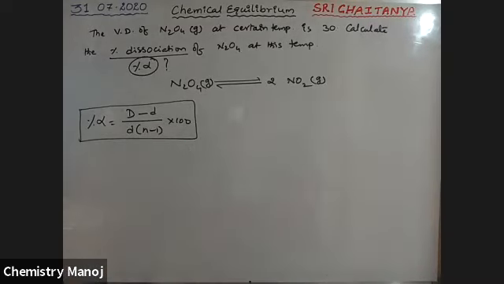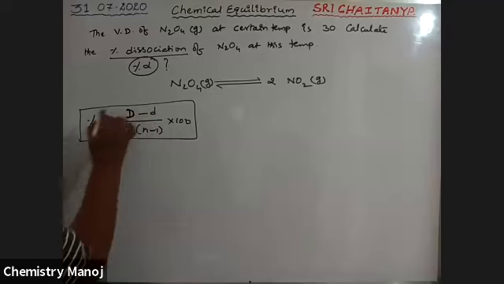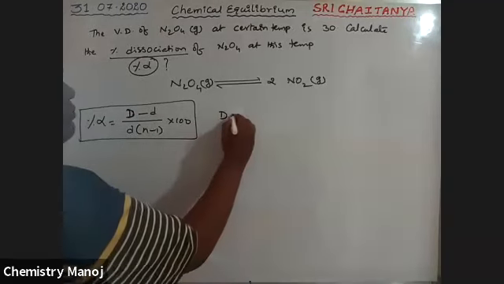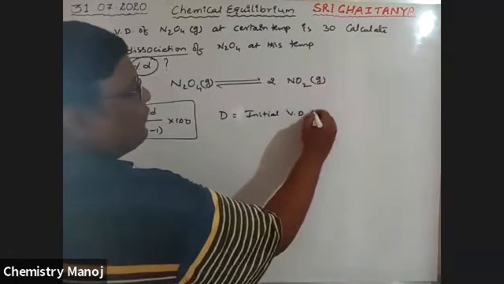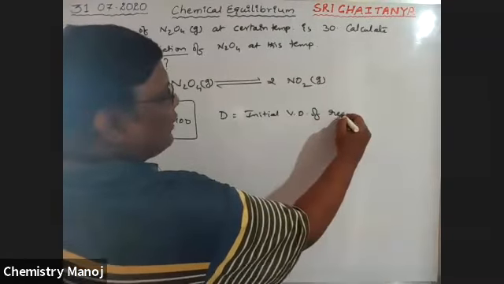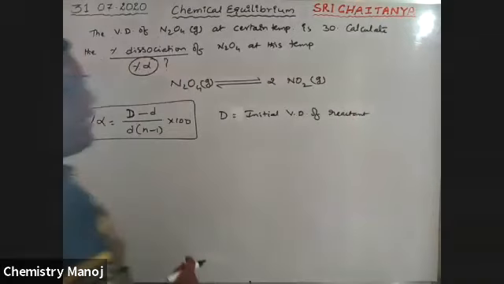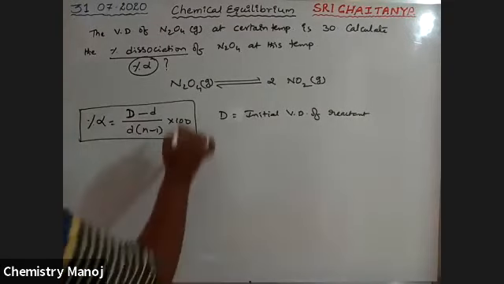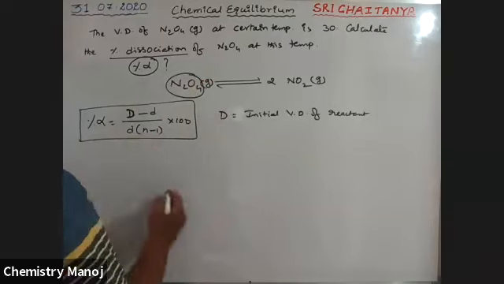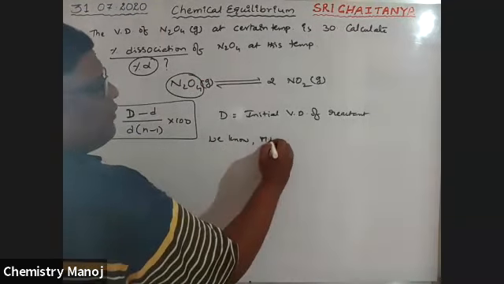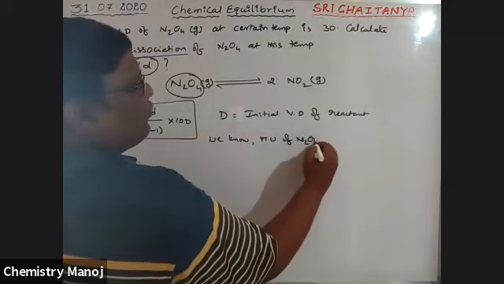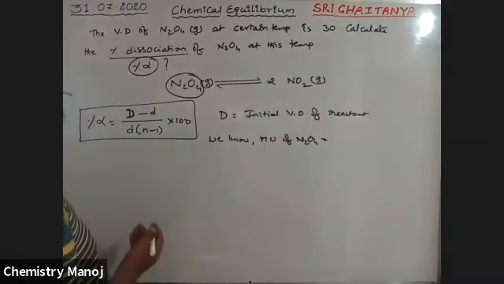So what is capital D? Capital D is the initial vapor density of the reactant. What is the reactant? This one. So we know the molecular weight of N2O4, because itself it is taken.